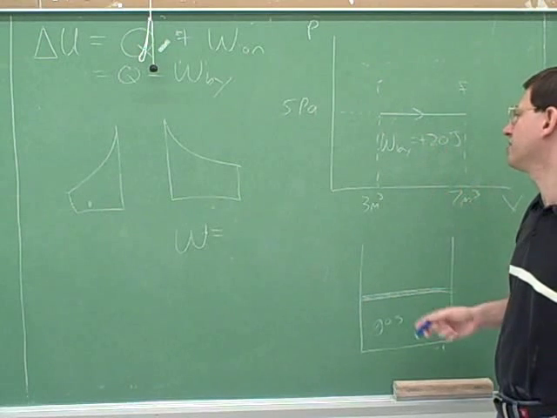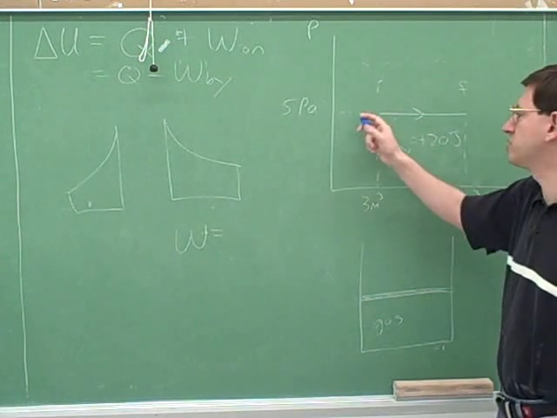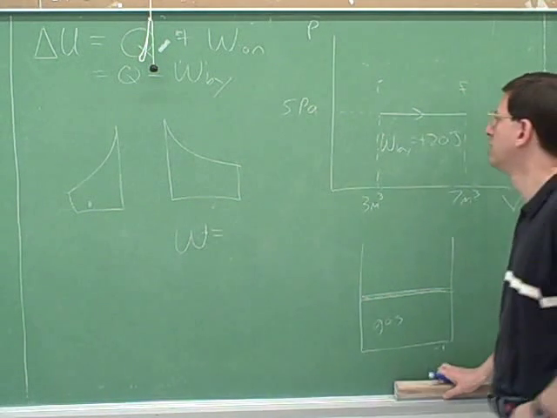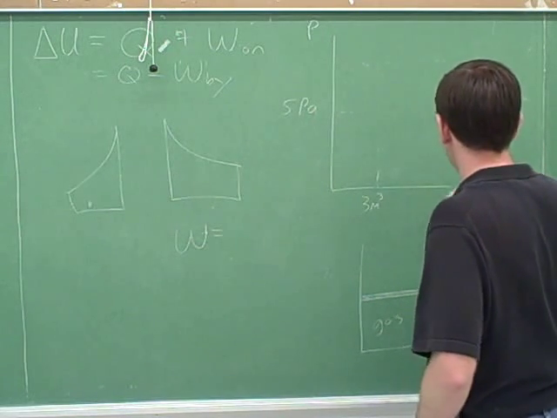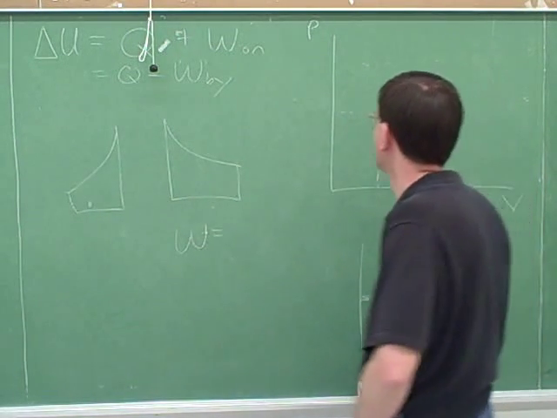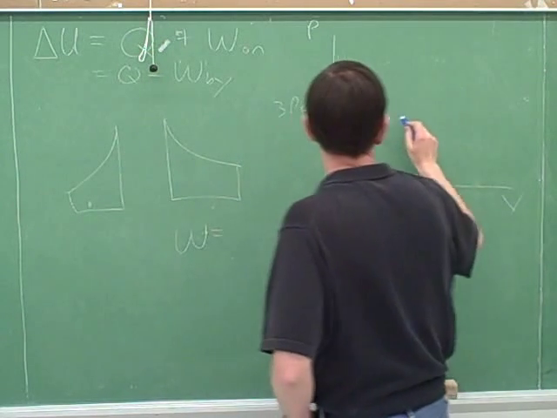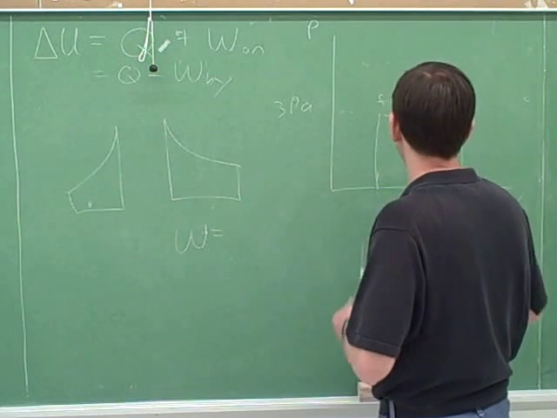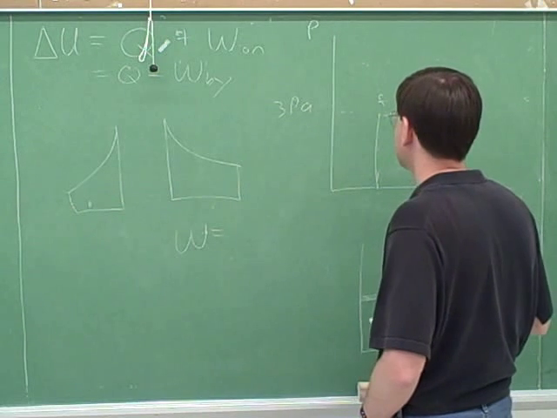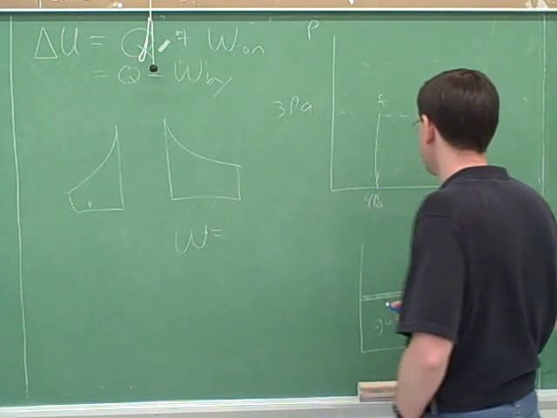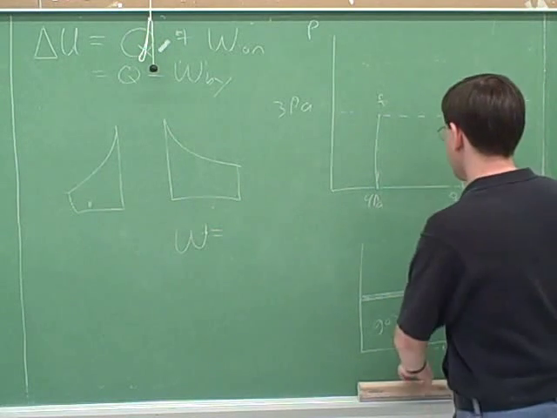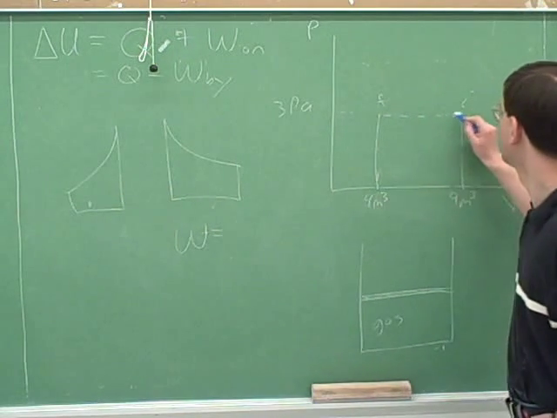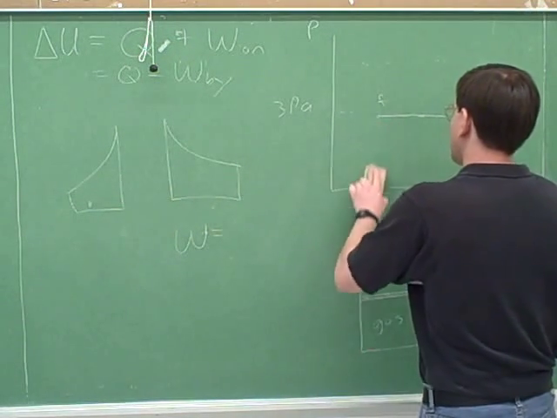When the PV curve is horizontal, then you can figure out the area pretty straightforwardly just by doing the height times the length. Let's figure out the work here.